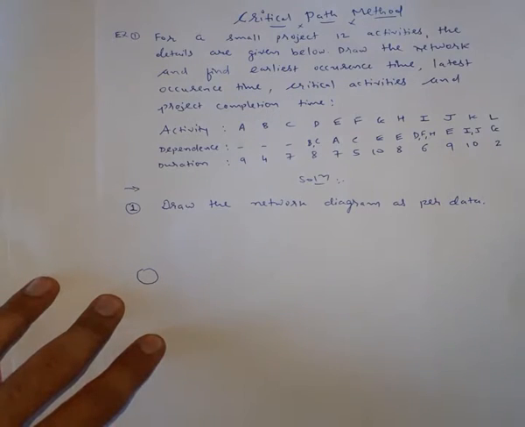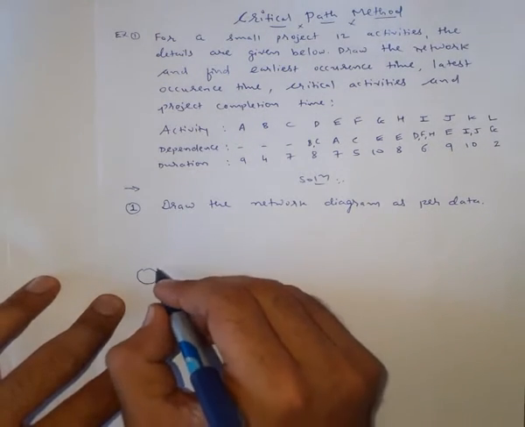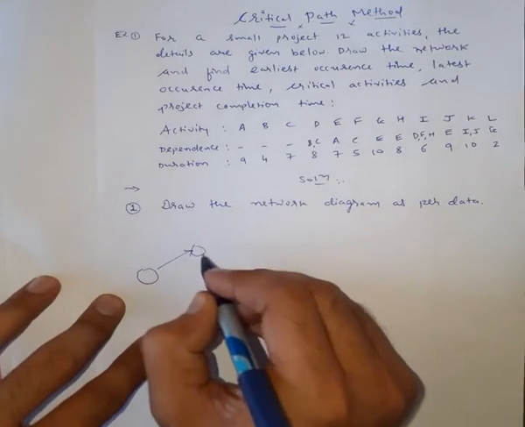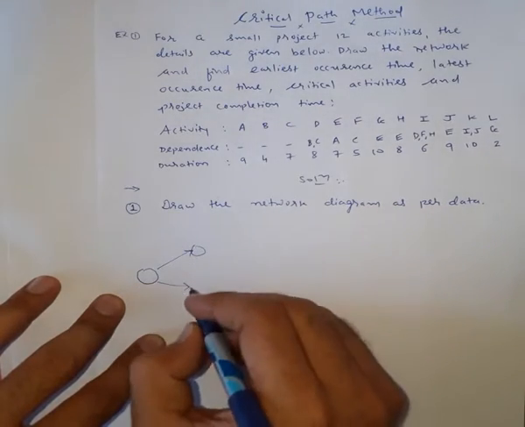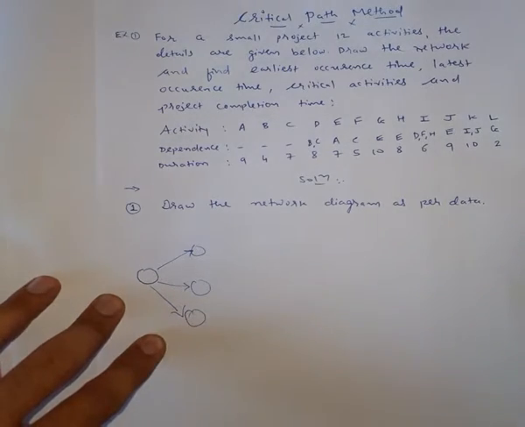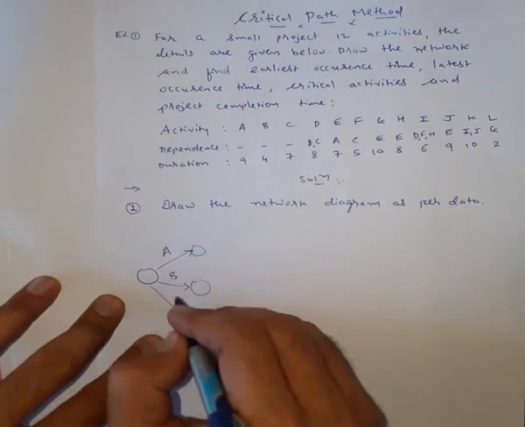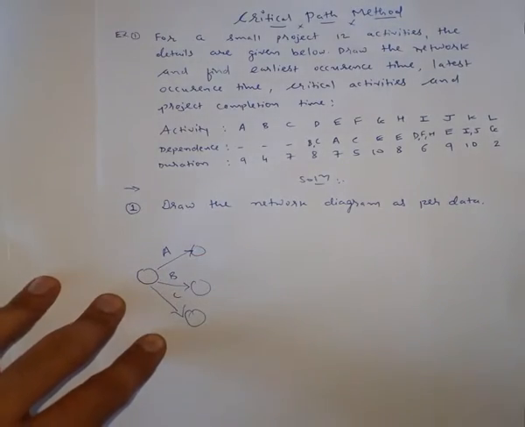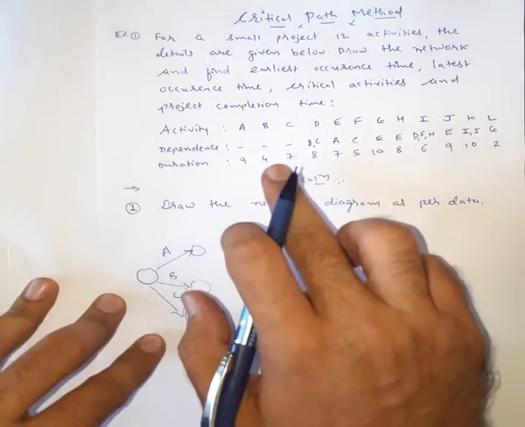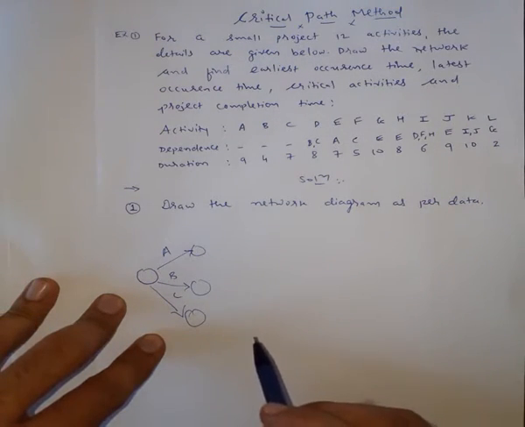So we will draw all the three activities individually, means separately. So this is activity A, activity B and activity C. These three activities are not dependent on anyone, so I have drawn them individually, means they are independent.